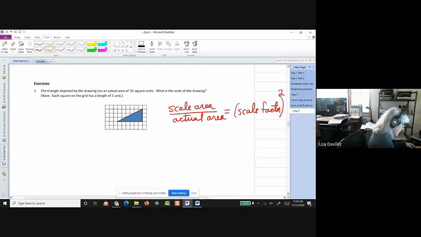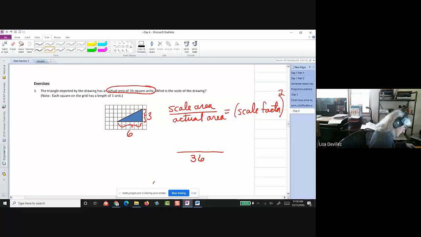Okay, so here it's giving us the actual area. All right, so we're going to fill in the actual area. It says it is 36. So now we need to find the area of this drawing here. So I have 1, 2, 3, 4, 5, 6. So my base is 6 units, and my height is 3 units.